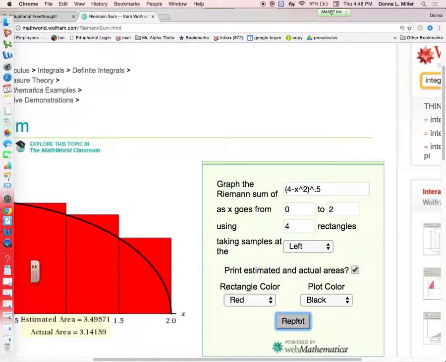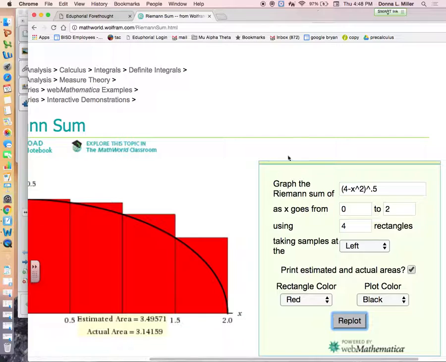All right, so you can see this is a left-hand sum with 4 rectangles, and they gave me an estimate. The estimate was 3.496, and the actual area is 3.142. So you can see that it's over.